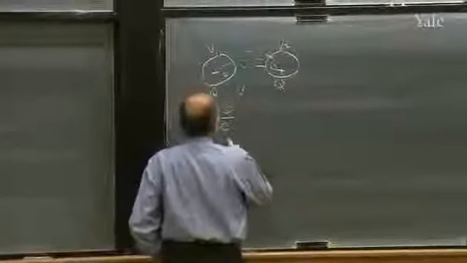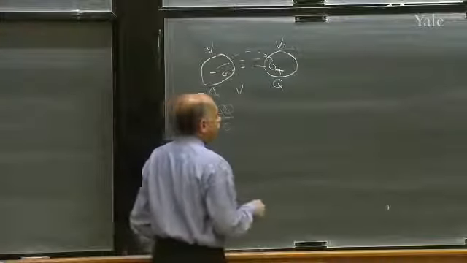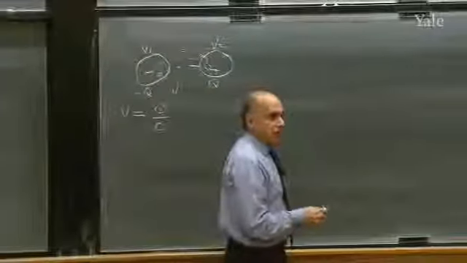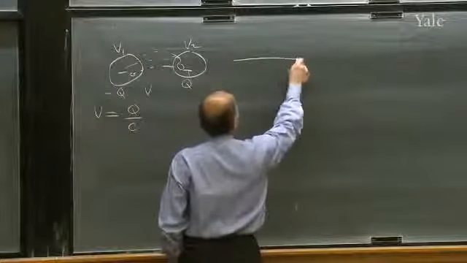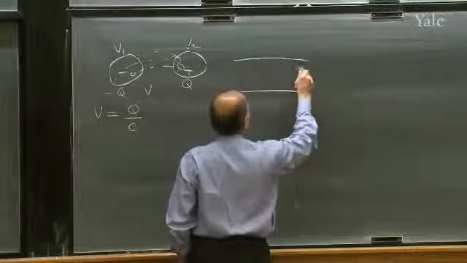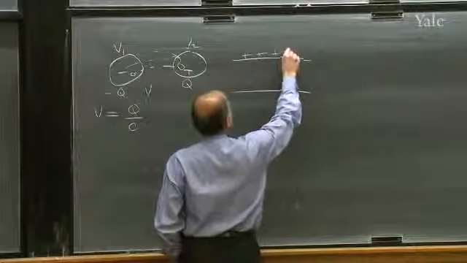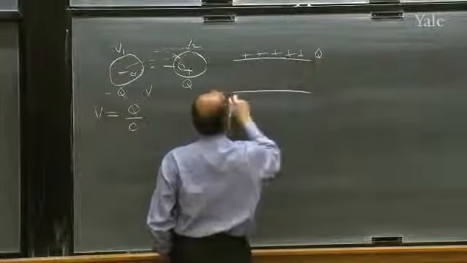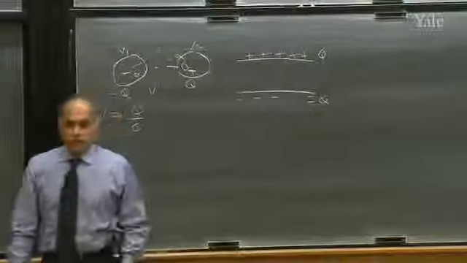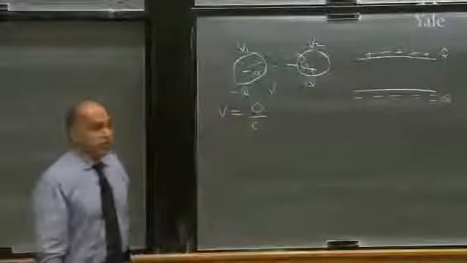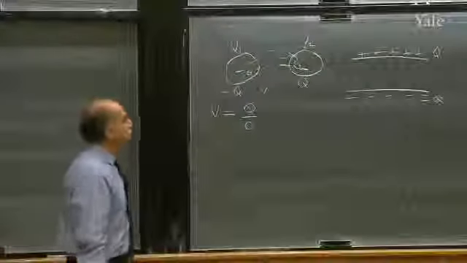Okay, so I did calculate the capacitance for a very simple system, and I'm going to stick to the simple system because we don't want to get lost in the details. It's the parallel plate capacitor in which I put some charge plus Q on the upper plate and minus Q on the lower plate. And someone says, what's the capacitance of the system?